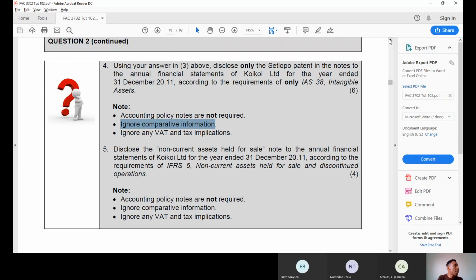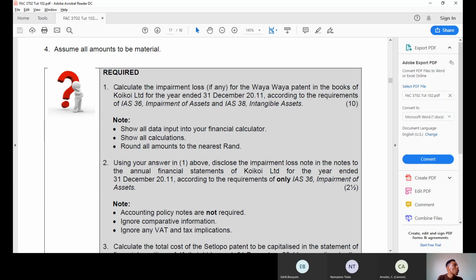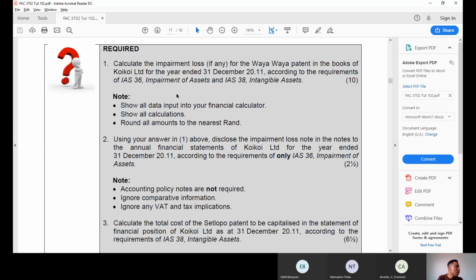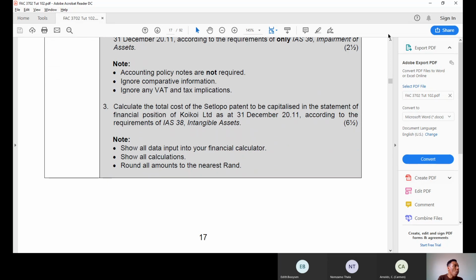So now we're going to attempt and answer all those 5 requirements. You had an option of doing number 1 first, then number 2, number 3, number 4 and so forth.